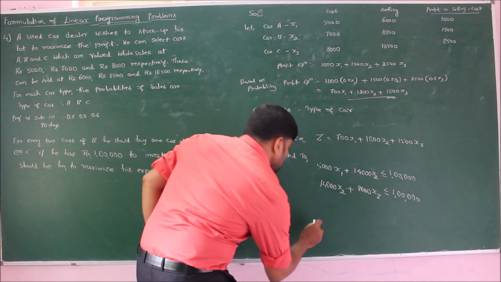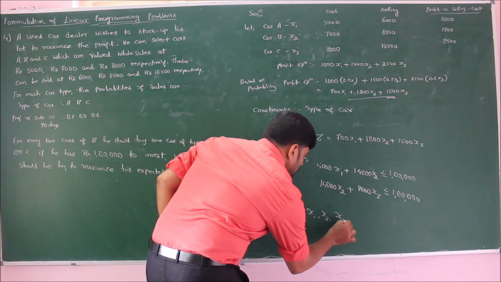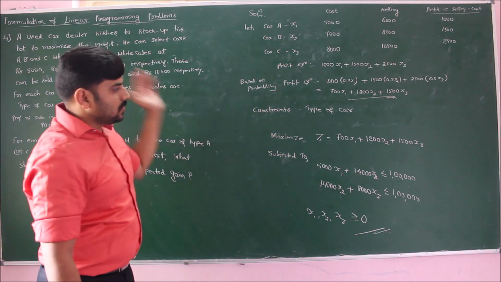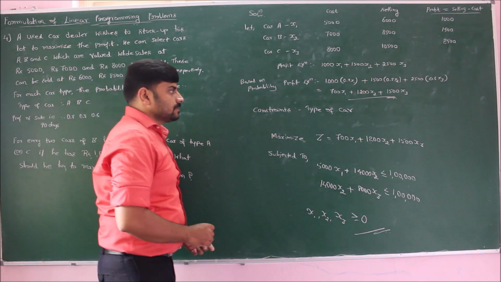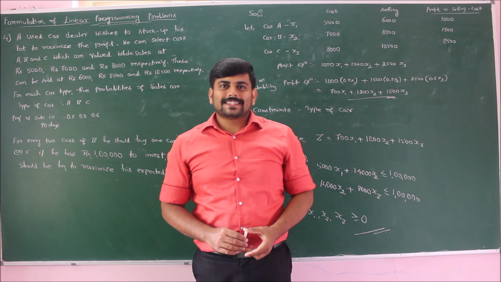So here the variables car A, car B, and car C are all positive, meaning x1, x2, x3 are greater than or equal to zero. So this is the solution for the given problem. That's all from this lecture. Thank you.